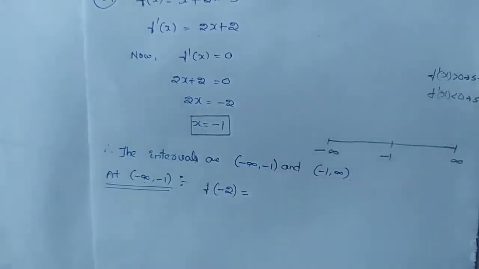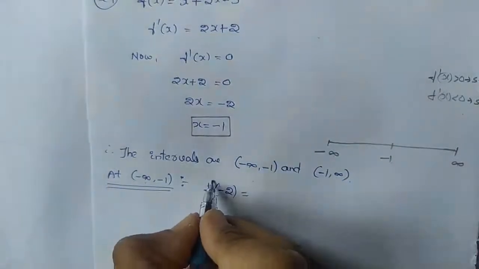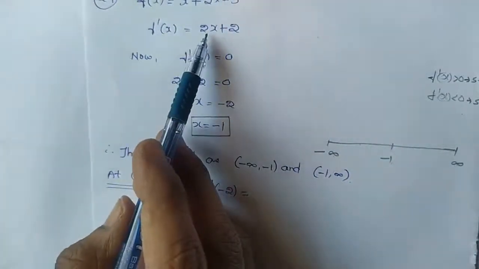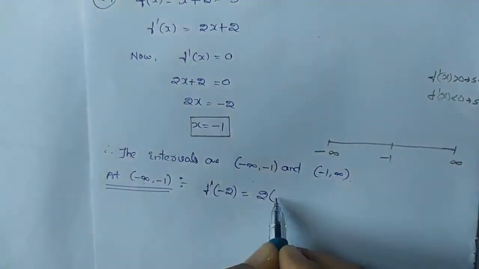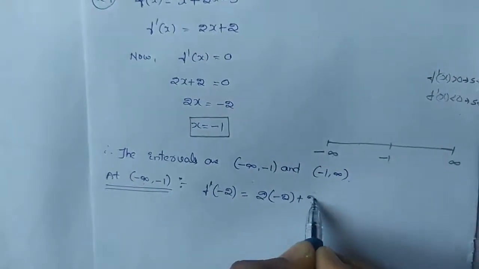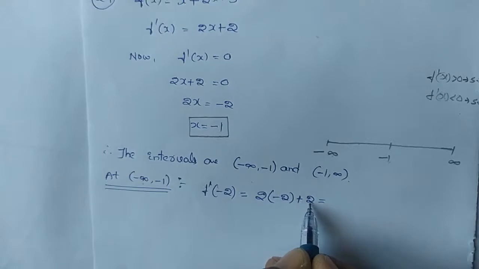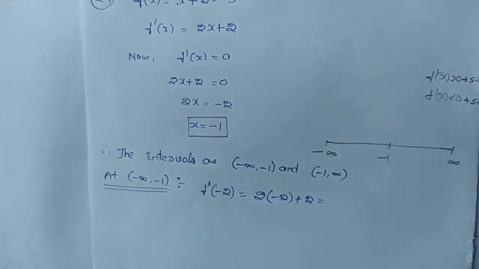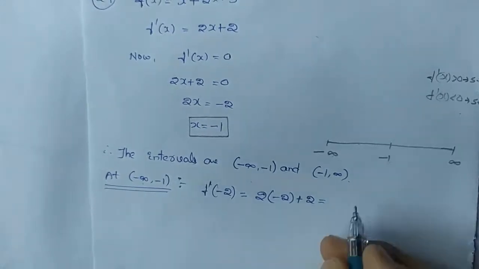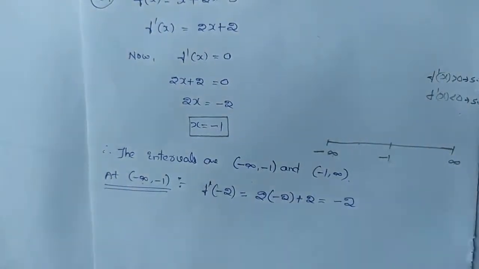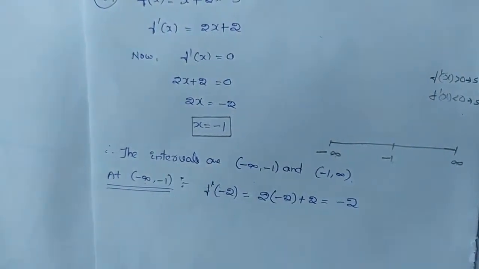f dash of minus 2: substitute minus 2 in this function, 2 into minus 2 plus 2. Therefore, 2 into minus 2 is minus 4, and minus 4 plus 2 is minus 2. Therefore, f dash of x is minus 2, which is less than 0.